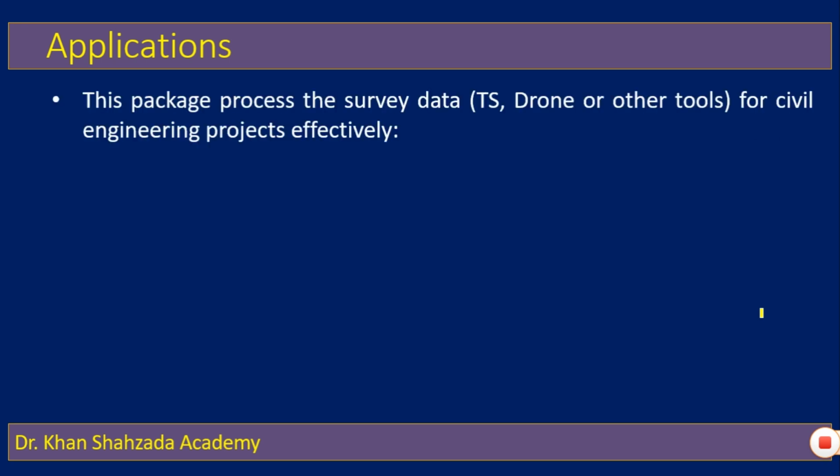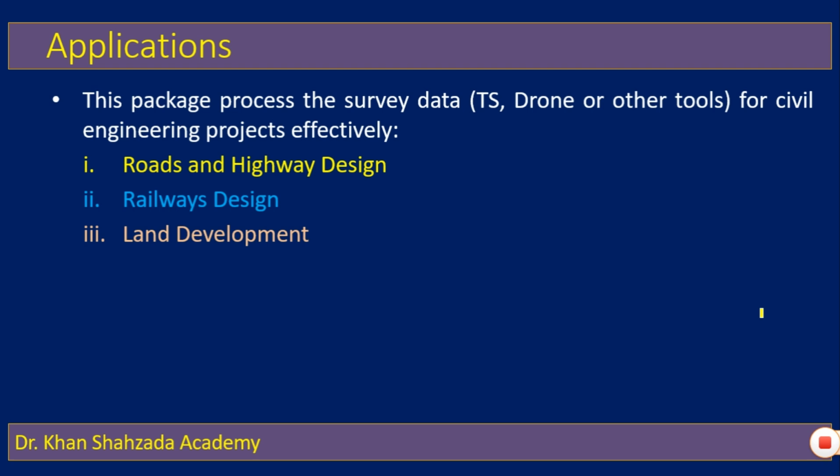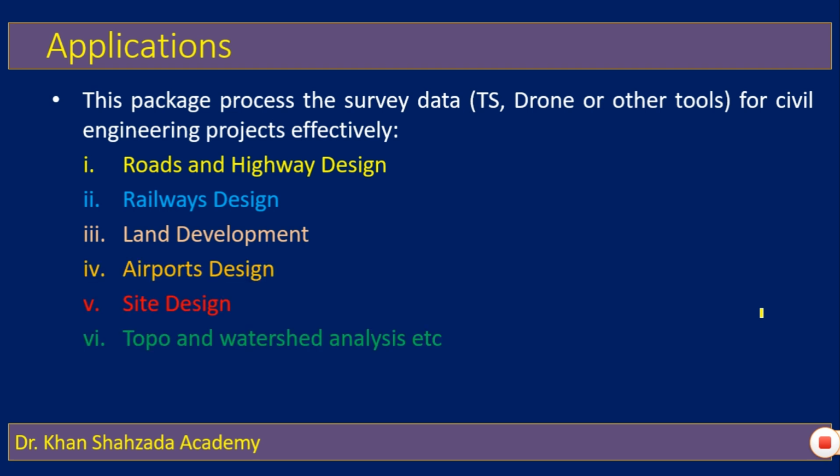Now this is about the application of this software for any kind of project, like road and highway design, railway design, land development, airport design, site design, topo and watershed analysis.